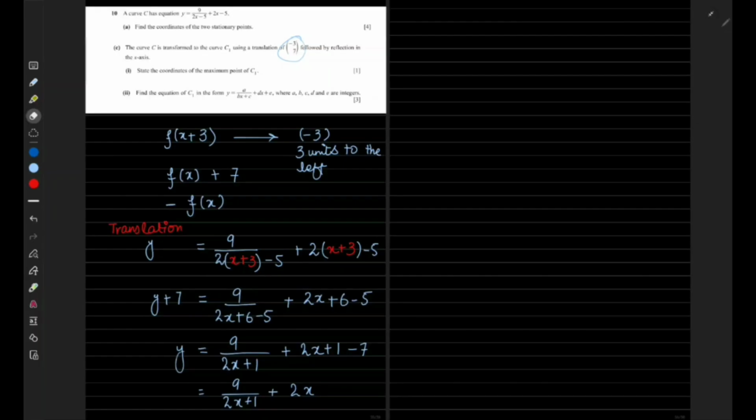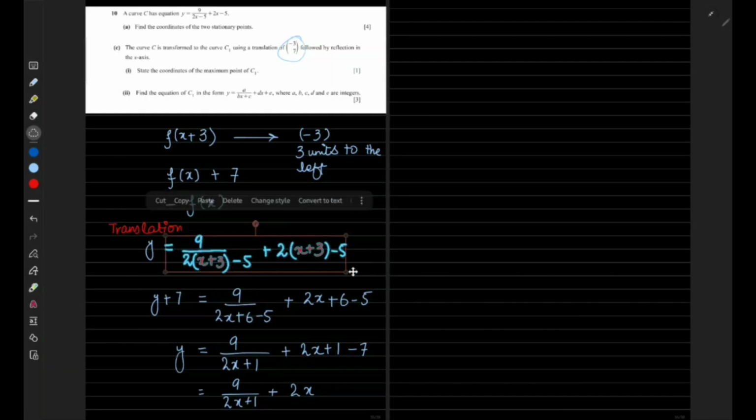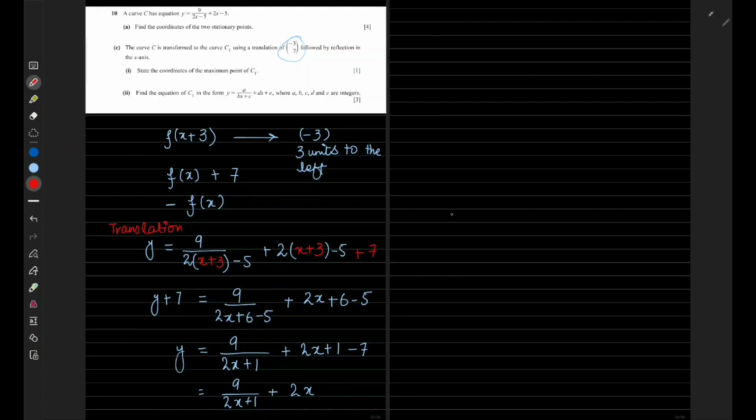Obviously, if it is added in y, it must be added in the equation on this side. Okay, sorry, it was not right to say this. Plus 7 must be here because this is your whole equation and y is added means it should be added to the whole right side. It should not be added on the left hand side, because when you say function of x, something is added in the function, that means it should be f of x plus 7.